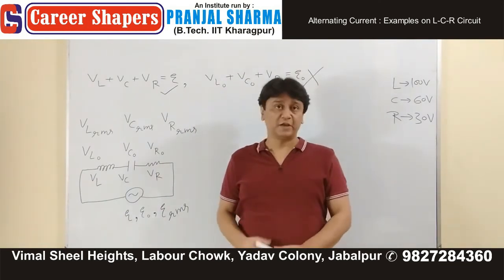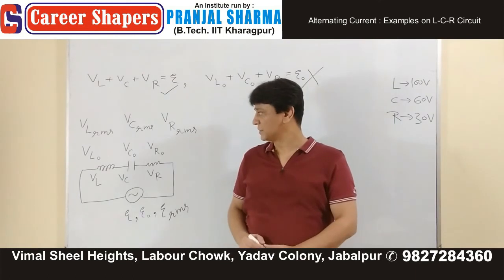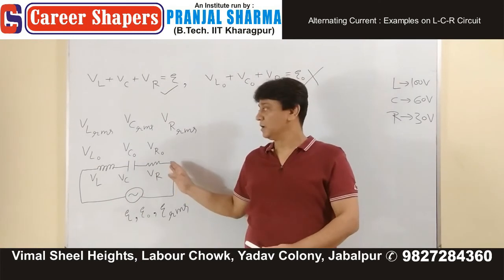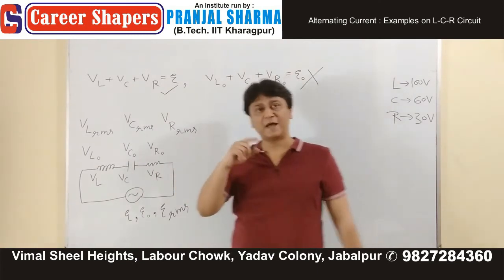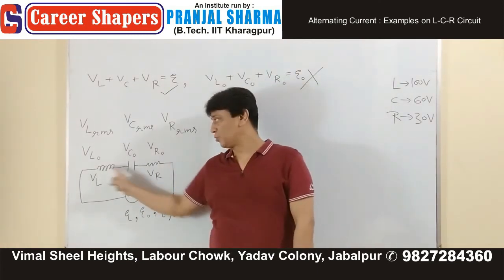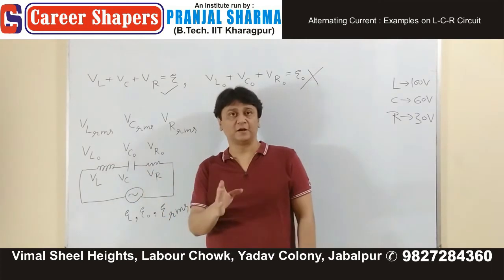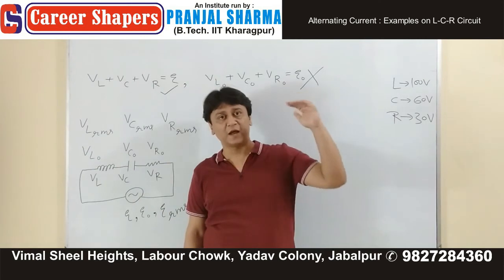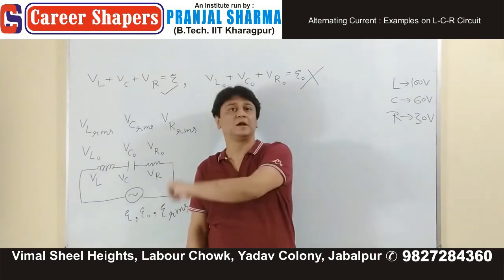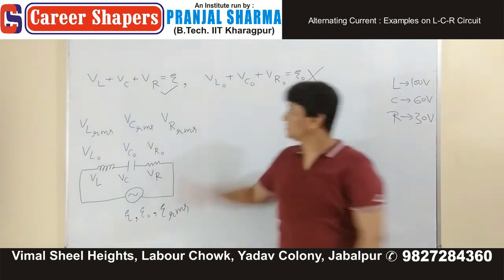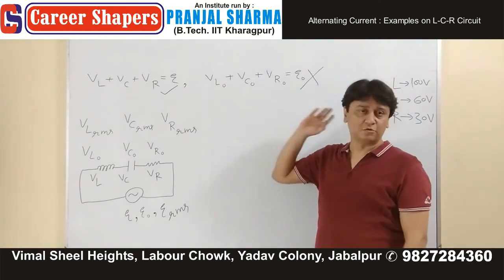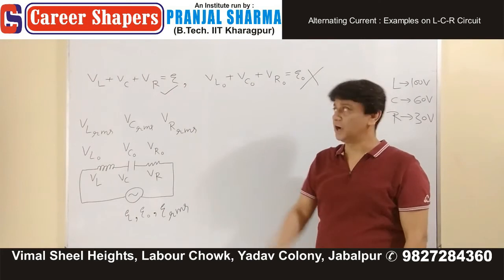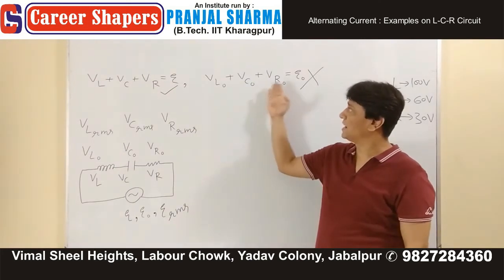A certain phase difference means they all have the same current, but with respect to current, their potential differences are in different phases. So their maximum values occur at different times. These peaks do not take place at the same time. They occur at different times and therefore you cannot directly add them.